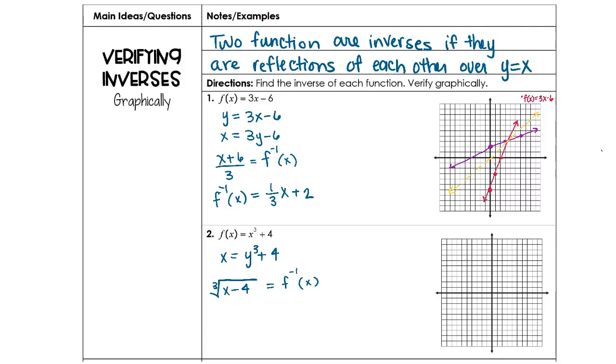And so this is where we're really going to need our parent functions to remember what they are going to look like. So for the first one, let's go ahead and graph that one in red. And so it's the cube root function that's been moved up 4. So we're going to go up 4.